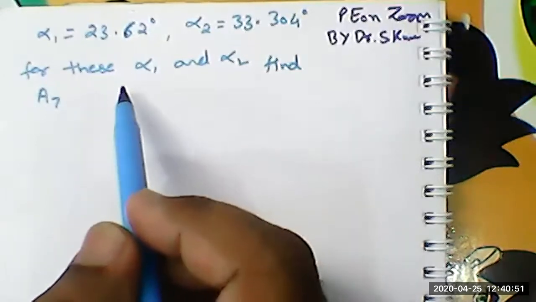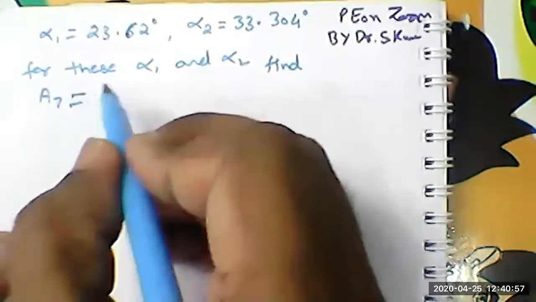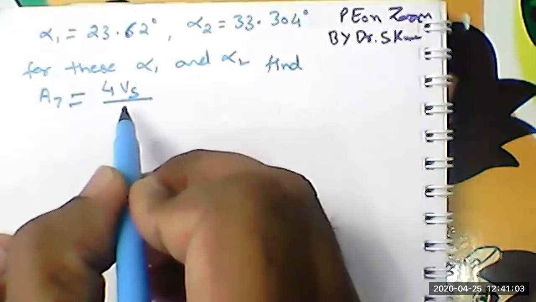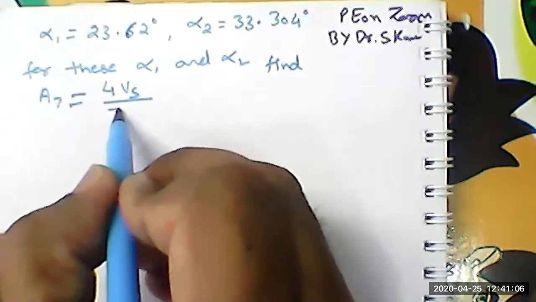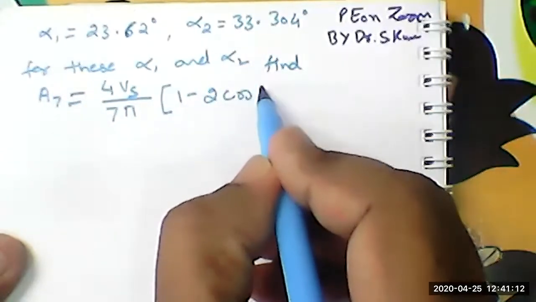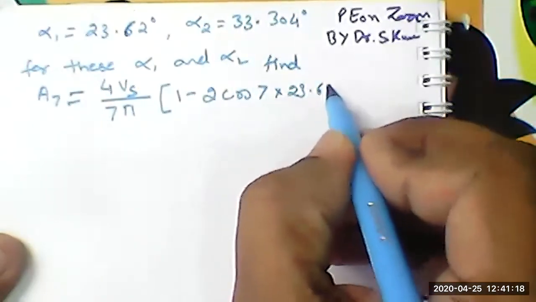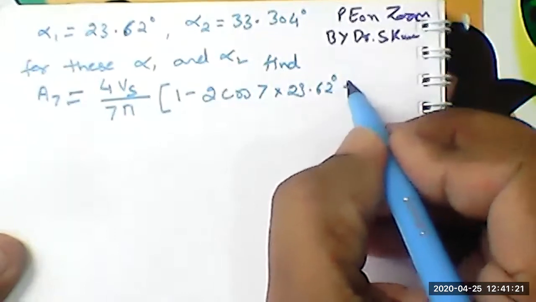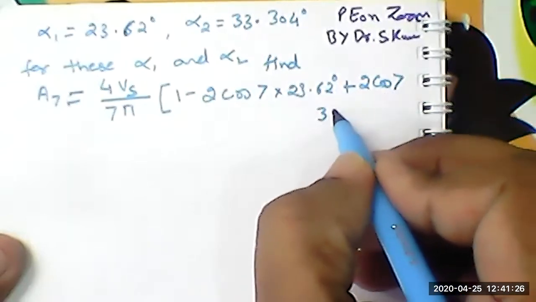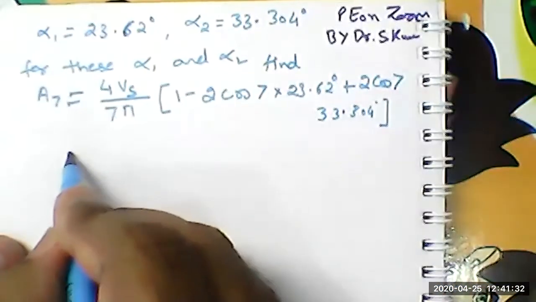It will be given by 4Vs upon n pi, n pi meaning 7 pi, times 1 minus 2 cos 7 alpha 1, where alpha 1 is 23.62 degree, plus 2 cos 7 alpha 2, that is 33.304 degree. You just solve this.